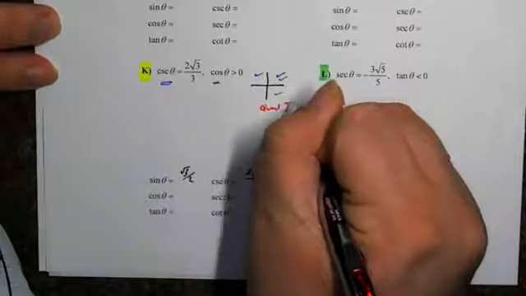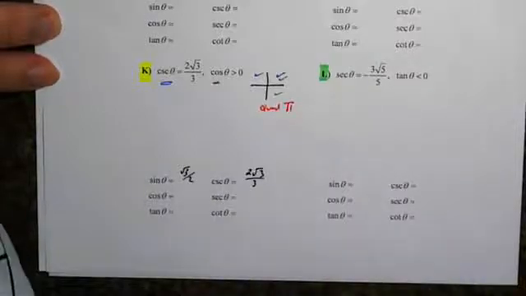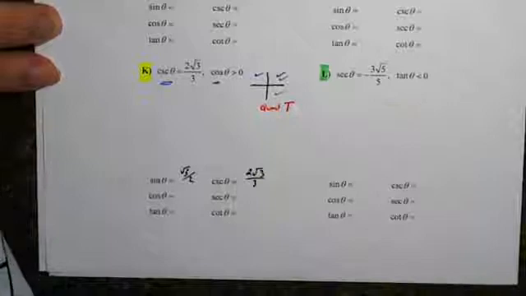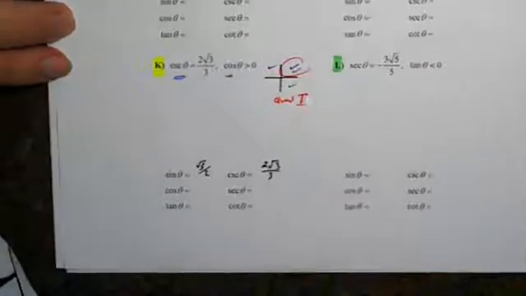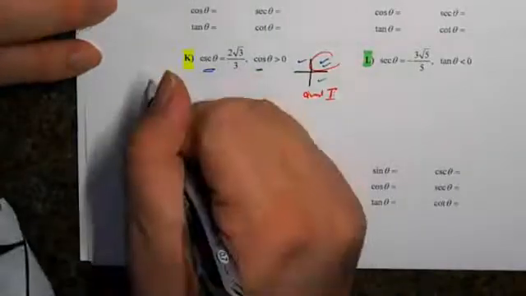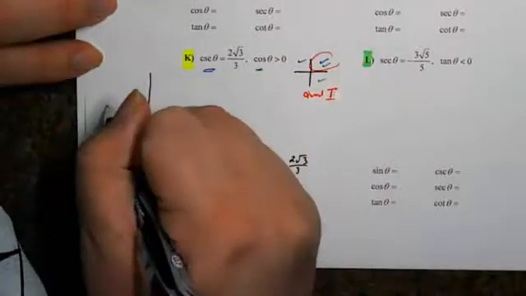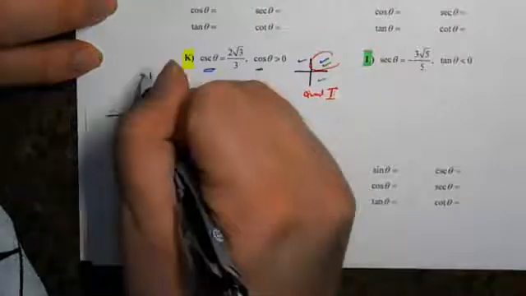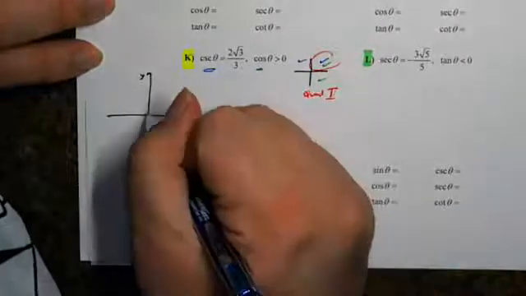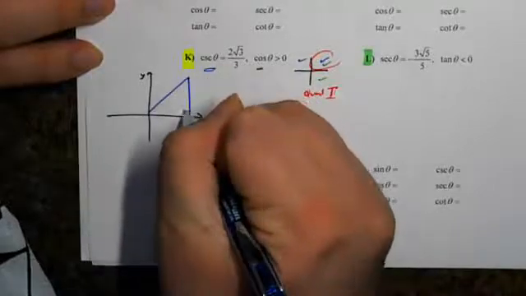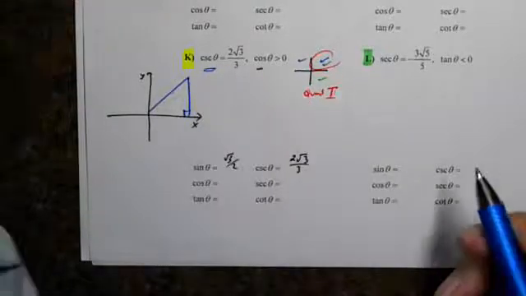Oops, quadrant 1. So I draw my triangle in quadrant 1. And I would go here with sine.